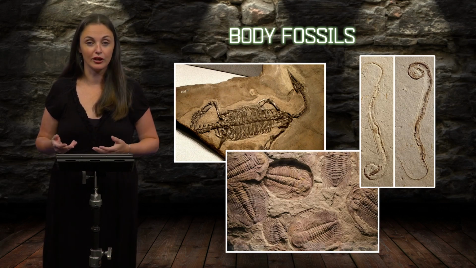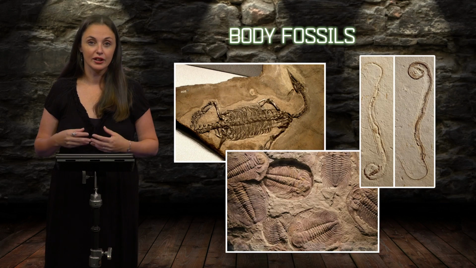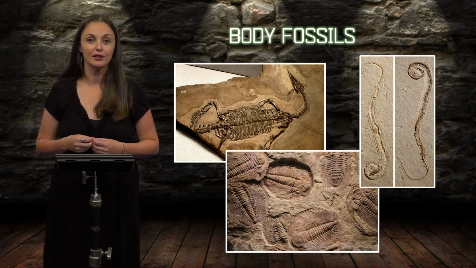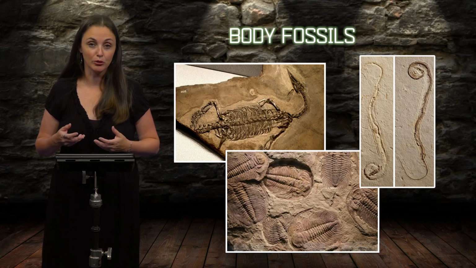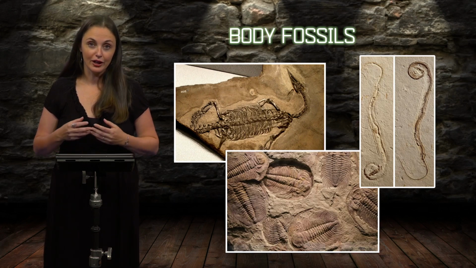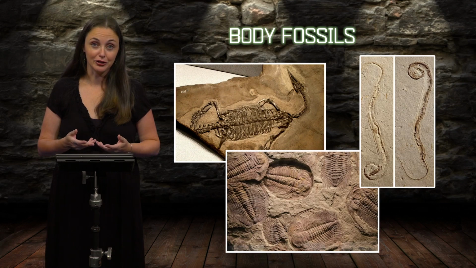Also, potentially under the right circumstances, maybe even my bones would become recrystallized. Things like silica and calcium would replace some of the elements in my bones, and it would actually fossilize my bone structure. So under those circumstances, I would become a body fossil.